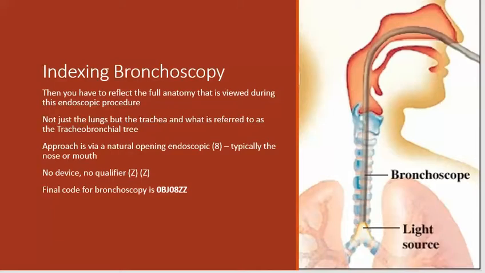And then we end up with the same code we would get if we look up the word bronchoscopy in the alpha index, which is 0BJ08ZZ. So for this particular operation, noted as number 4, there are 3 codes. There's 1 code for the bronchoscopy and 2 codes for the biopsies. 1 biopsy is via percutaneous approach and 1 biopsy is via open.